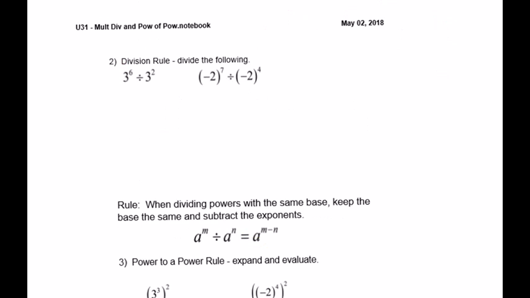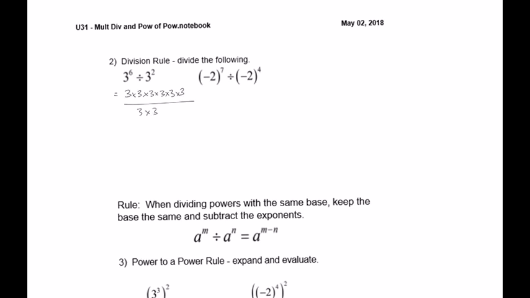Now we're going to explore the division rule for powers. Let's take a look at this first problem: 3 to the 6 divided by 3 squared. I could literally just write it like this: 3 times 3 times 3 times 3 times 3 times 3 over 3 times 3.